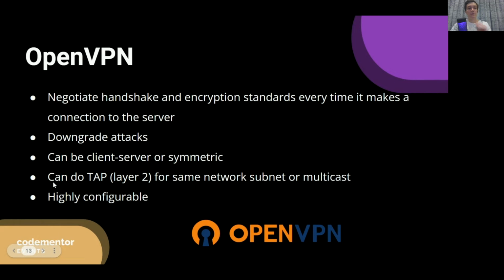All right, let's go to the next point. OpenVPN can do TAP, as I said, layer 2, for multicast, broadcast, some NetBIOS communication to your home printer, or multicast like Bonjour messages with your Apple TV or something. And OpenVPN is highly configurable, so you can configure any kind of encryption.